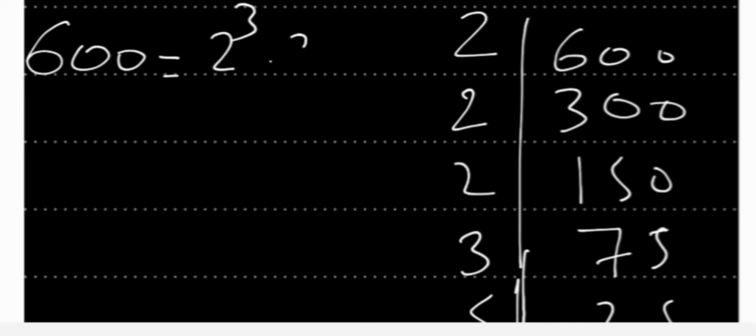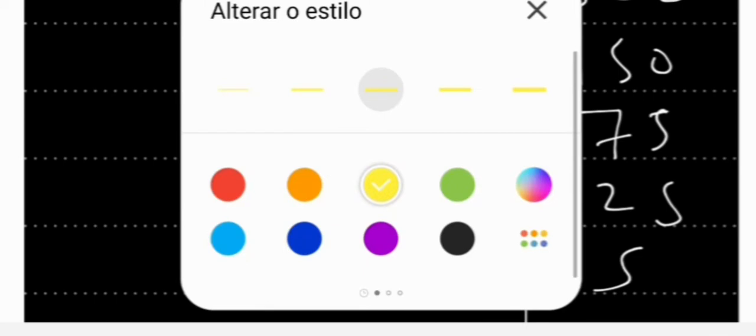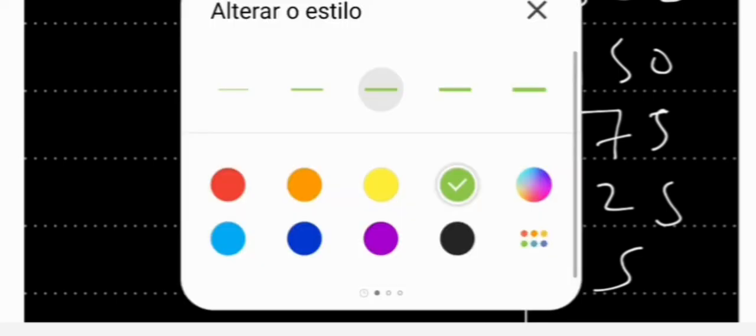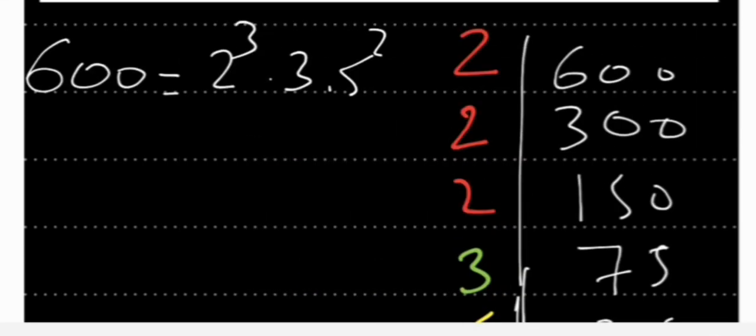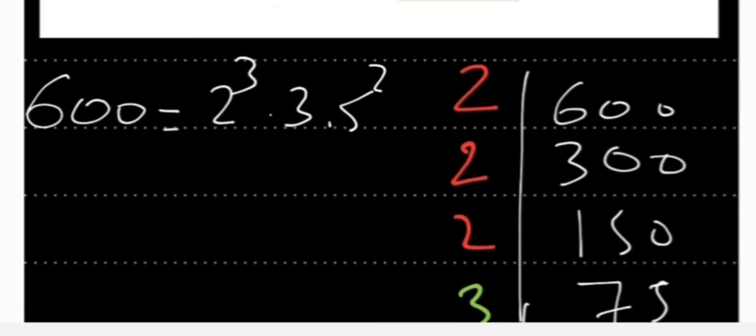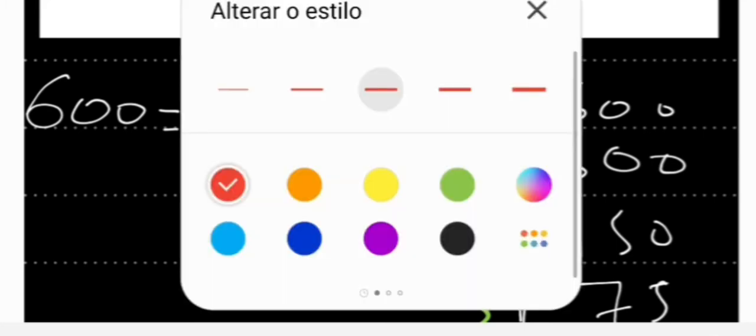So we can write 600 as 2 to the third power multiplied by 3 multiplied by 5 to the second power. We have 2 fives, only 1 three, and three 2s.